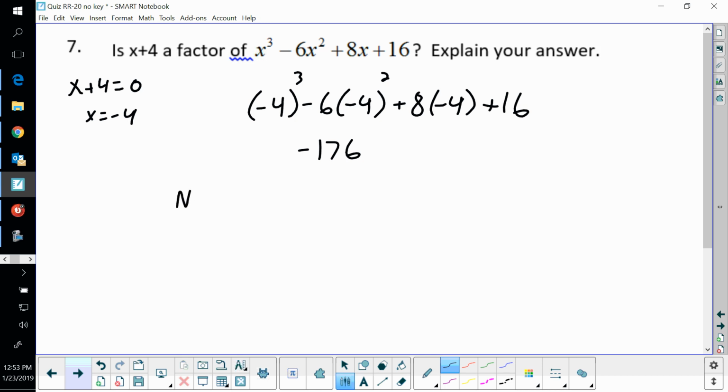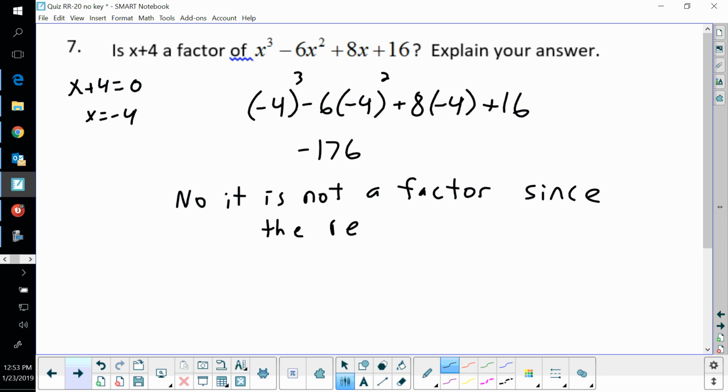We would say, no, it is not a factor since the remainder is not 0. And I would include the word remainder somewhere in there to show that you have knowledge that the number that you just calculated is actually the remainder.